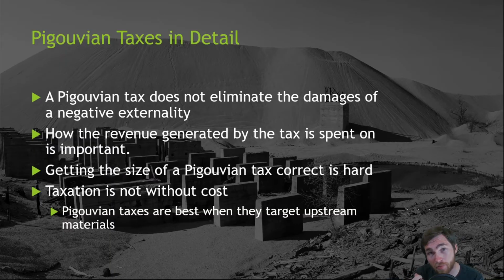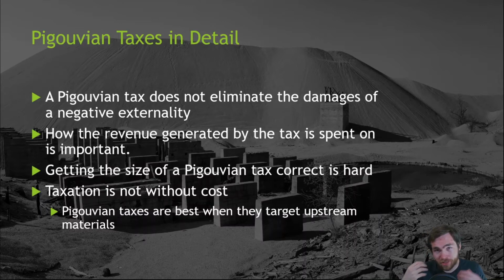So some things to keep in mind about Pigovian taxes, and to a lesser extent subsidies, is that the Pigovian tax does not eliminate a negative externality. The image I've got in the background here is of a lead and zinc mining town in Oklahoma called Pitcher. And there are these giant piles that are just laden with lead, tailings from the mine, that have led to this place having to be abandoned because the lead content's just so high that people are getting sick.